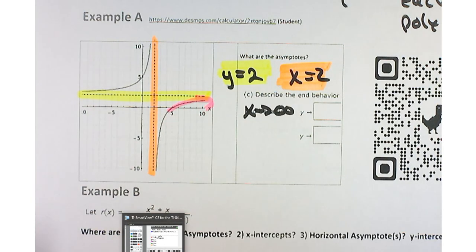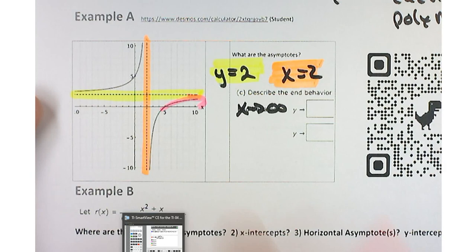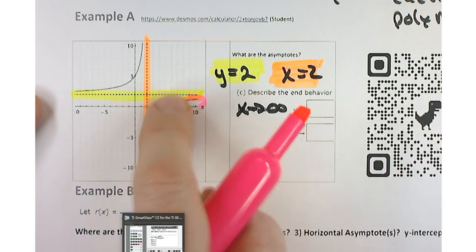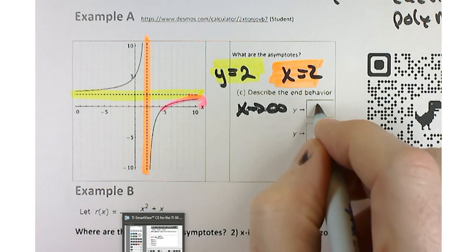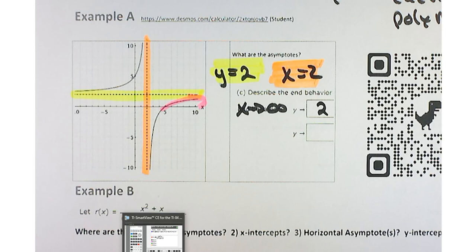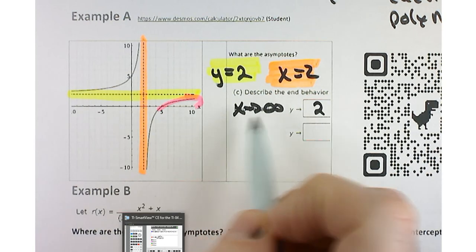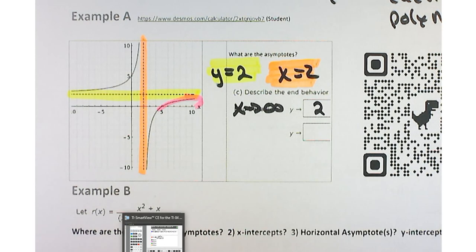We want to know what's the y-coordinate getting close to. So if I go out this x-axis towards positive infinity, what y value am I getting close to? Positive 2. Yay. So as x approaches infinity, y approaches 2.